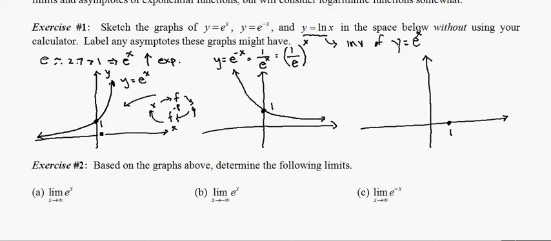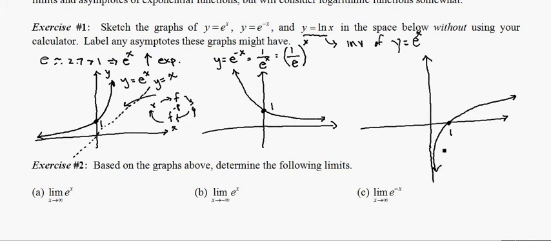Another trick that you've probably learned in previous courses is that the inverse graph will always be symmetric with the original across the line y equals x. So if I took this curve and I reflected it across this line, what I would end up with is a graph that looks like that.